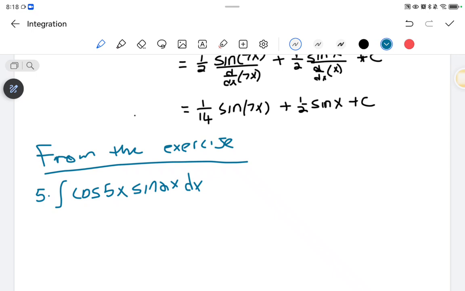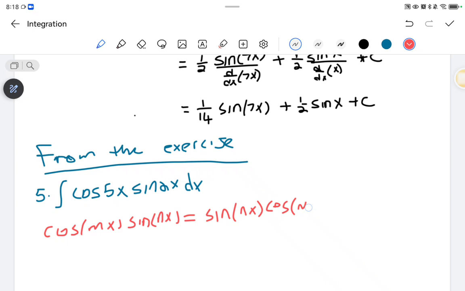Say we have cos of 5x sine of 2x. Now what we know here is that cos of mx sine of nx will be equal to 1 over 2, as long as it's sine cos, right? So what I can do here, I can say this will be equal to sine of nx cos of mx.